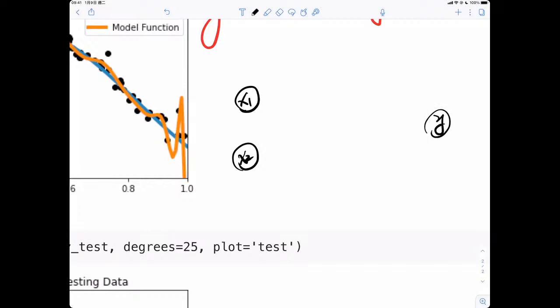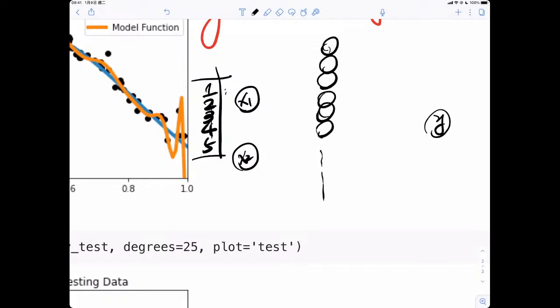If, for example, we have n data, let's make it very small. So if we have only 5 data, we can say that if we have many hidden neurons right here, let's make it a very simple neural network structure, but we have too many neurons right here.